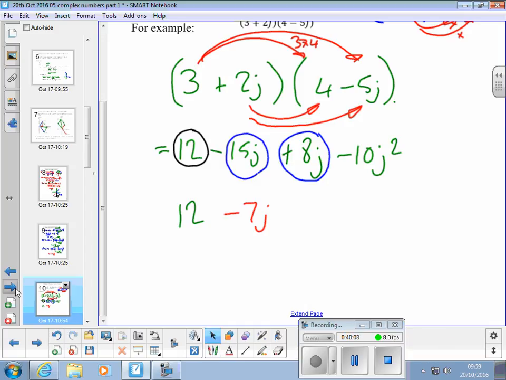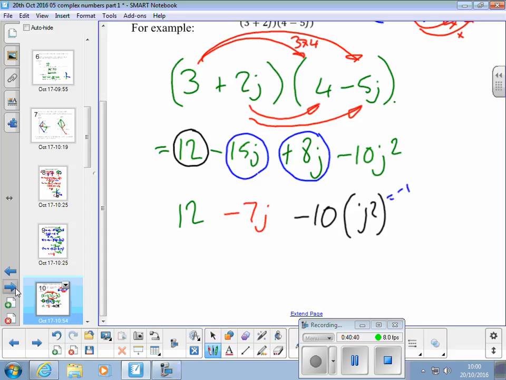On the end here, we've got minus 10 times j squared. What is j squared equal to? j is equal to the square root of minus 1, so j squared is equal to minus 1.